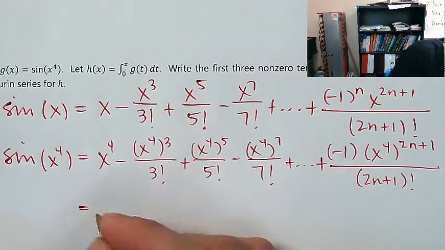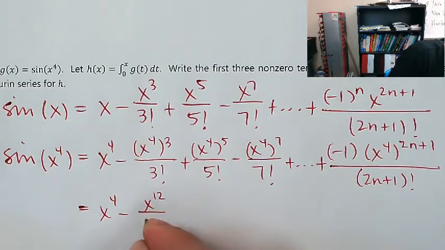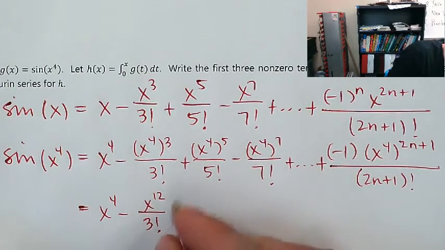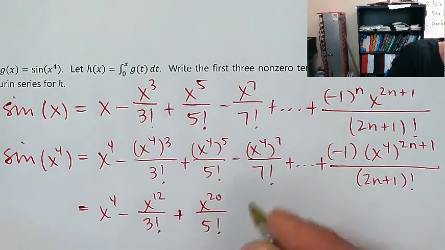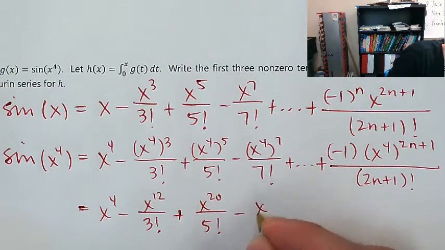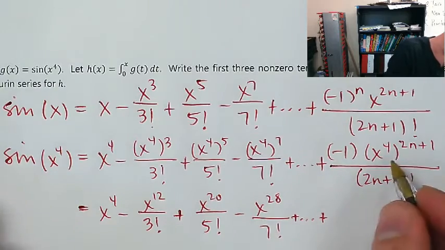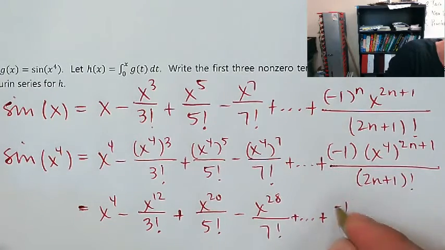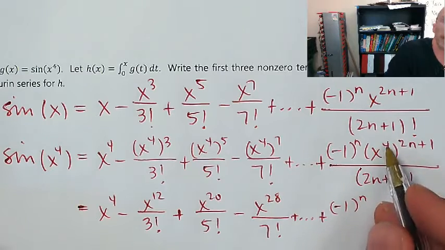So this is going to be x to the 4 minus x to the 12 over 3 factorial plus x to the 20 over 5 factorial minus x to the 28 over 7 factorial, and so on. I'm just simplifying here, so I forgot to multiply this by 4, right?